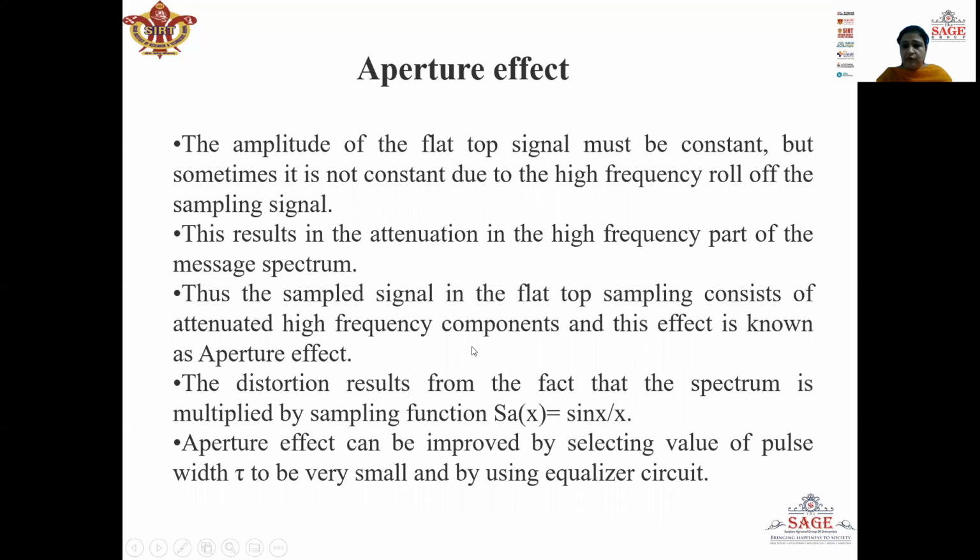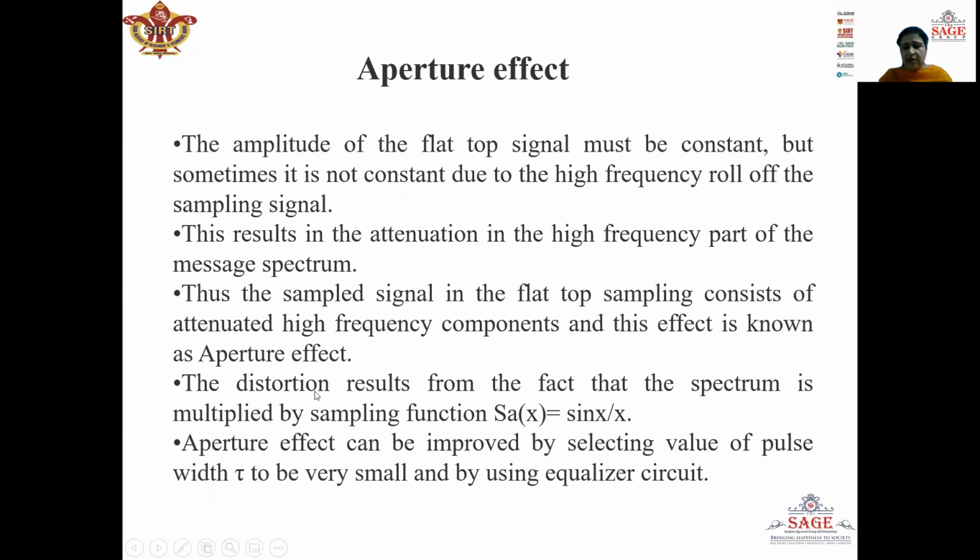Now, we will talk about the limitation of the flat top sampled signal. When we consider the spectrum of the flat top sampled signal, the amplitude should be constant, but sometimes it is not constant due to the high frequency roll-off of the sampled signal. This results in attenuation in the high frequency part of the message spectrum.